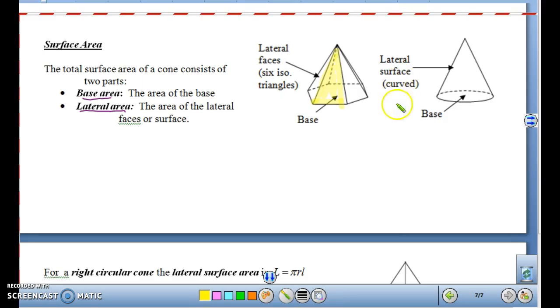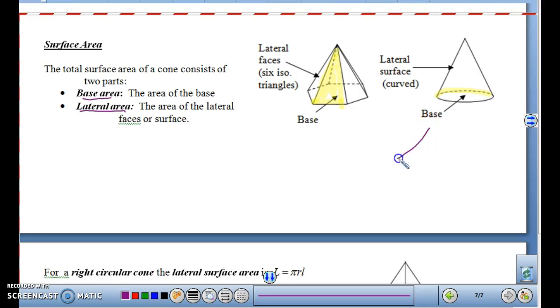Okay, now the lateral surface on a cone is a little bit different. It is curved like this. So if you unwrapped it, it would come to a point and it would look something like this, curved at the bottom.